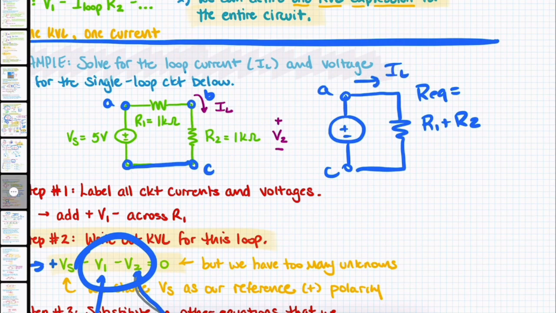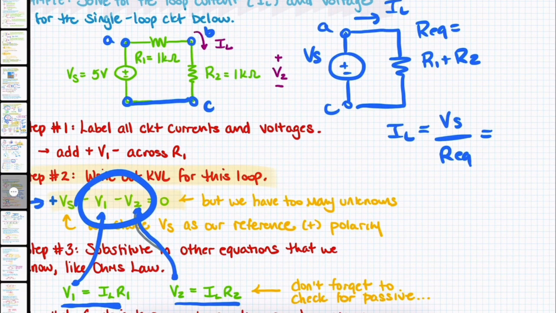IL still applies. We know that IL, we can just go ahead and apply Ohm's law directly. IL is equal to Vs over the R equivalent, which is R1 plus R2.